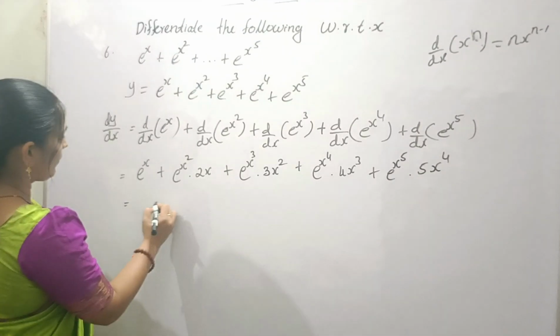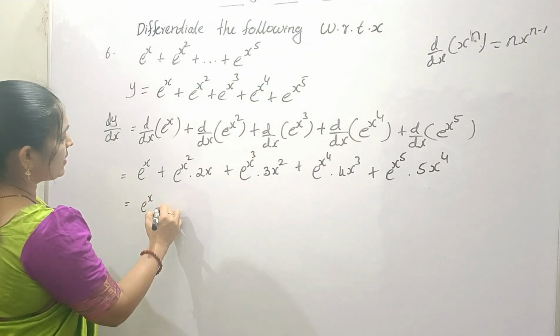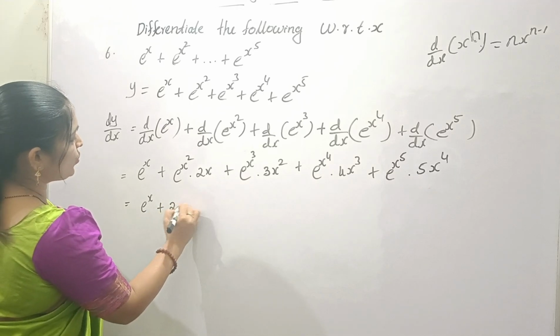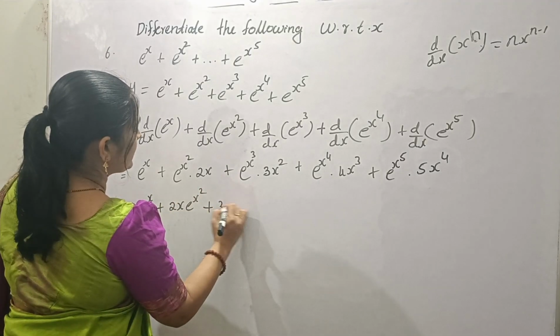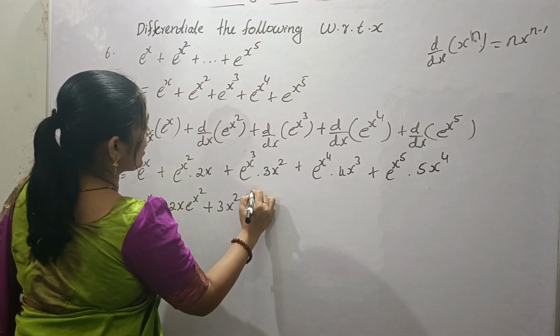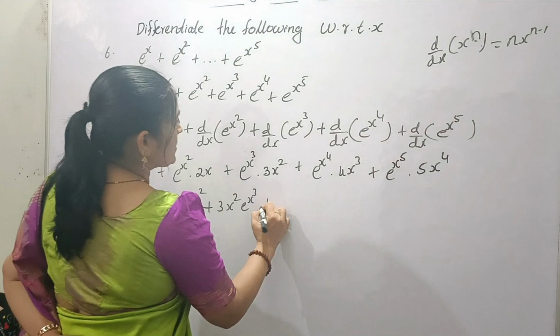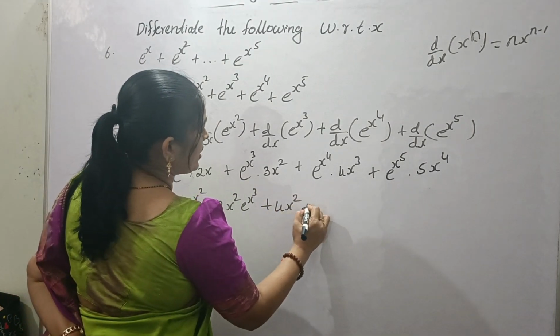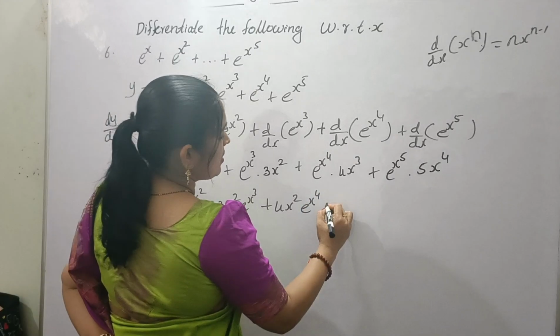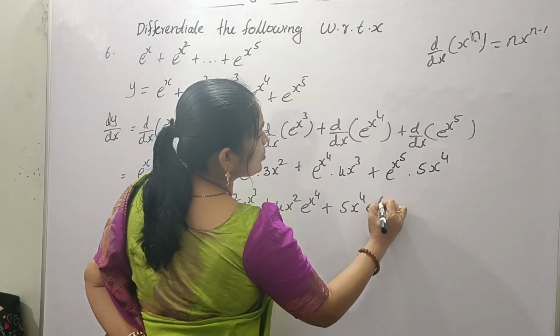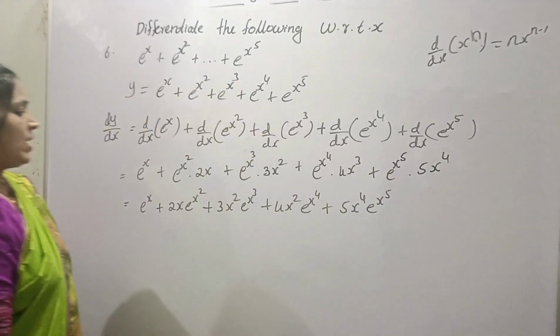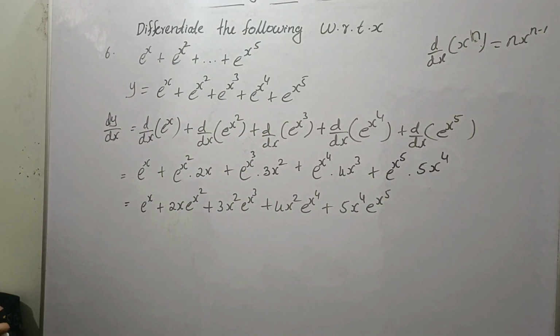e raised to x plus 2x e raised to x square plus 3x square e raised to x cube plus 4x cube e raised to x raised to 4 plus 5x raised to 4 e raised to x raised to 5. See, in all the terms e raised to x is common, right?